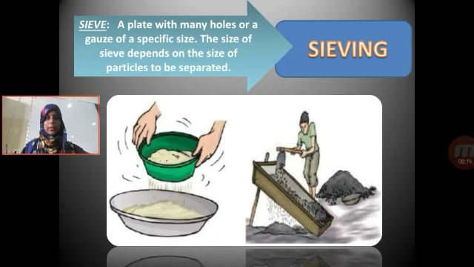Have you seen your mother cooking chapati? She uses the sieve to remove the chaff from the flour. Also the sieve which we use to separate tea leaves while preparing tea is an example of a sieve in your house.